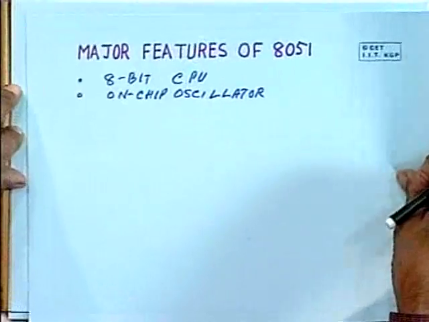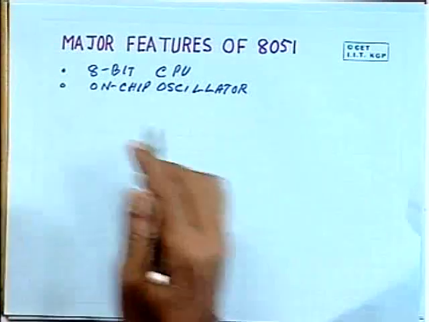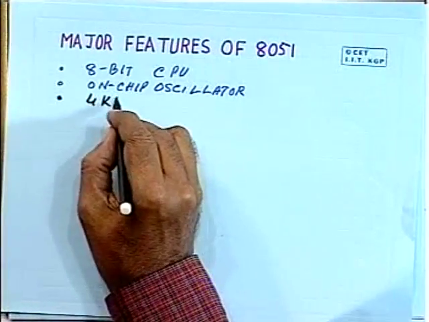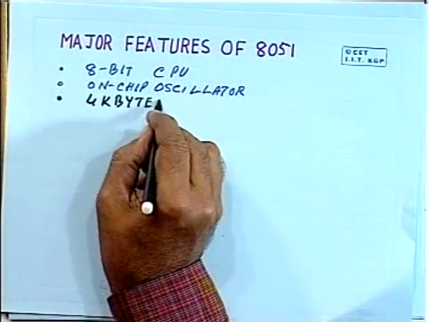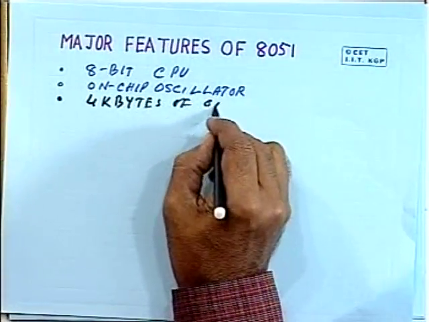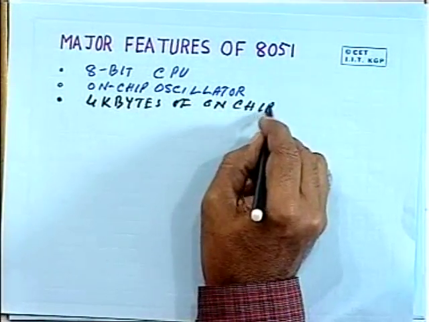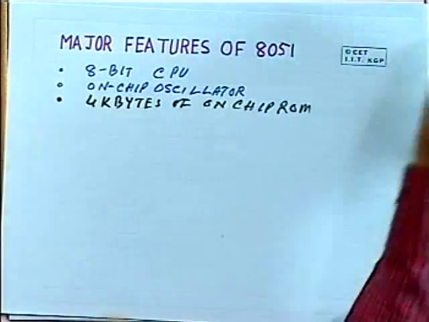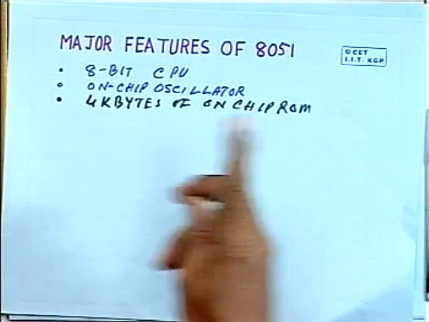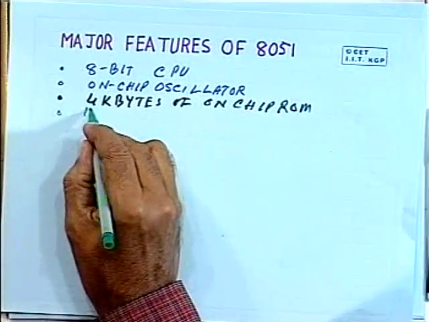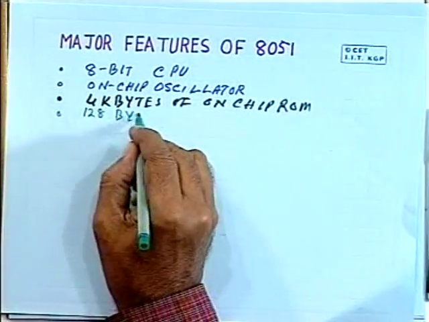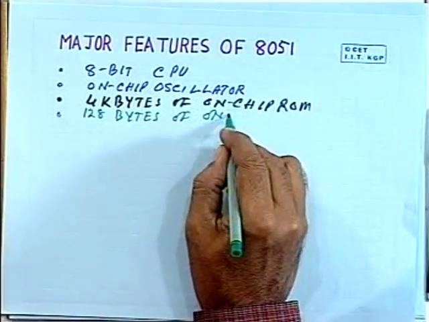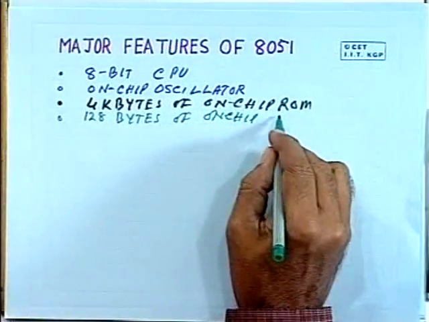Now it has got other functionalities like 4K bytes of on-chip ROM and 128 bytes of on-chip RAM.